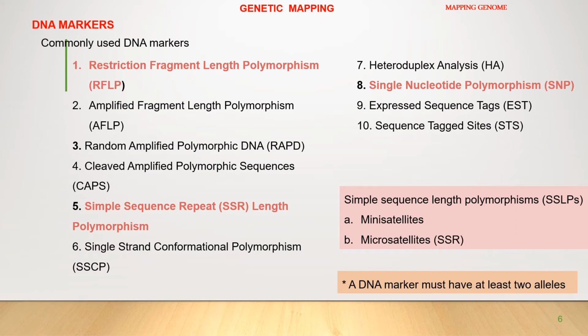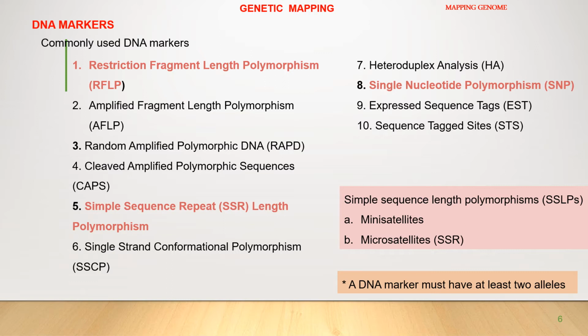There are different types of DNA markers like RFLP, AFLP, RAPD, CAPS, SSRs, SSCPs, HAs, SNPs, ESTs, STS. They vary based upon the principle utilized. Some are restriction based, some are PCR and non-PCR based.